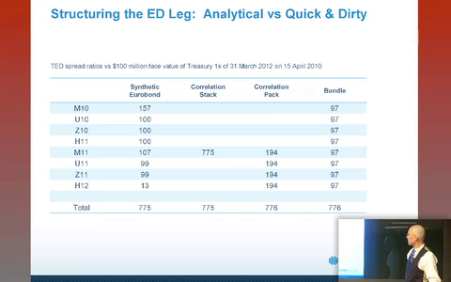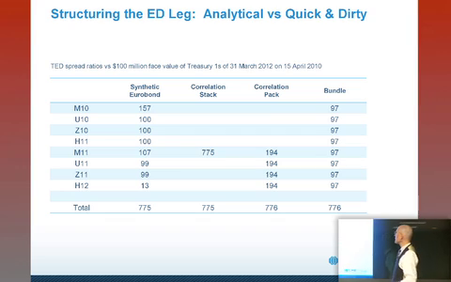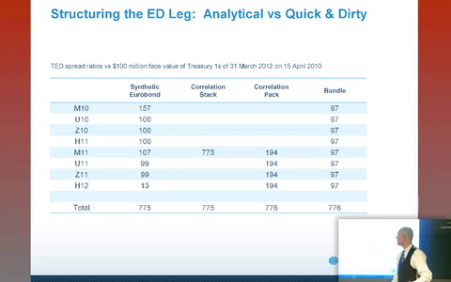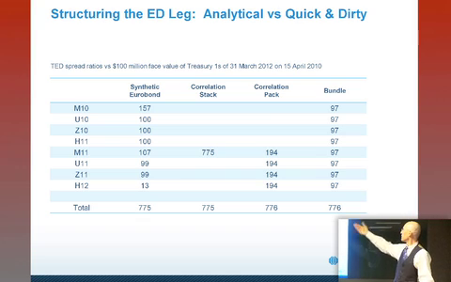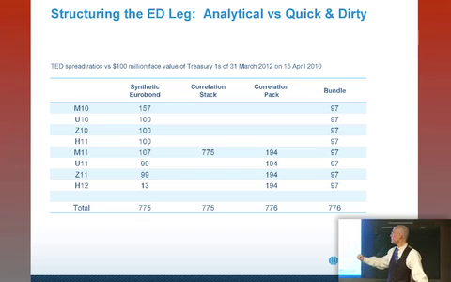Interesting creature, isn't it? Look at how that compares with the other things I've been talking about. 775 euro-dollar futures is essentially the DV01 for 100 million face value of this note.